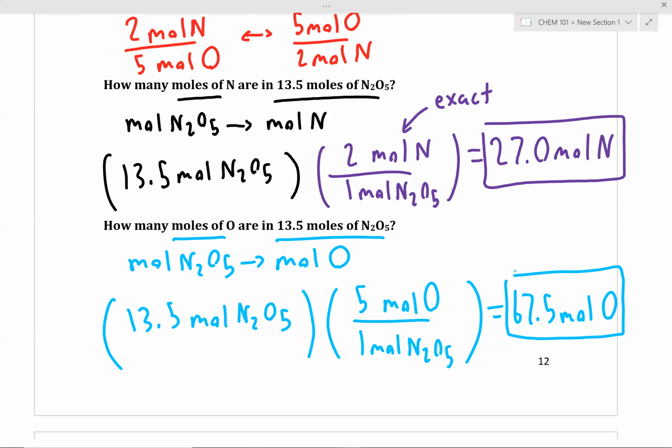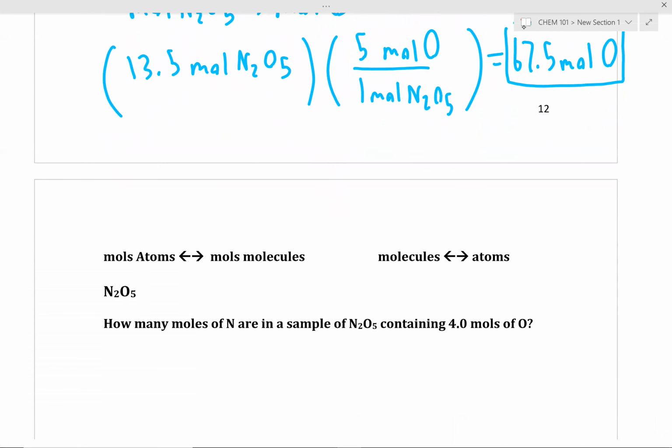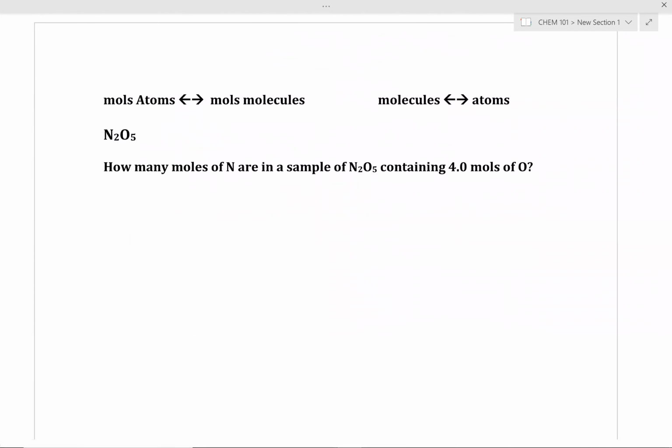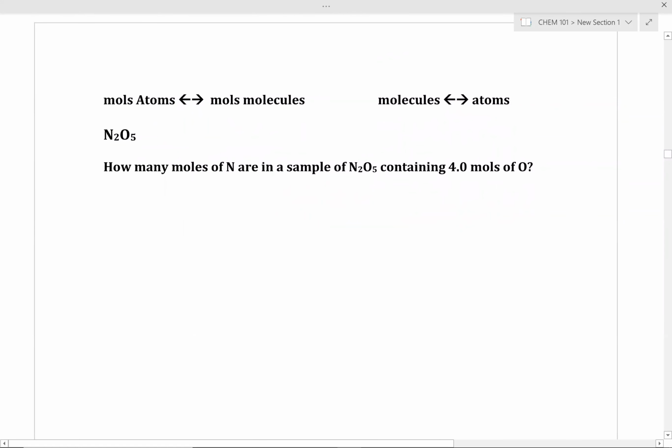Okay, so now that we've introduced this idea, let's start to combine this formula ratio to generate more complicated unit conversion strings. Just to make this very explicit, the formula ratio also provides a relationship between the atoms of each element.